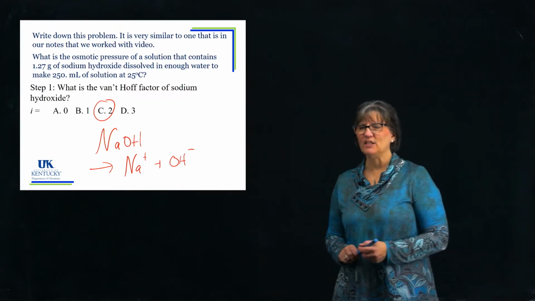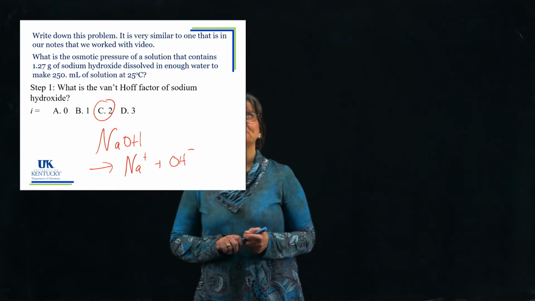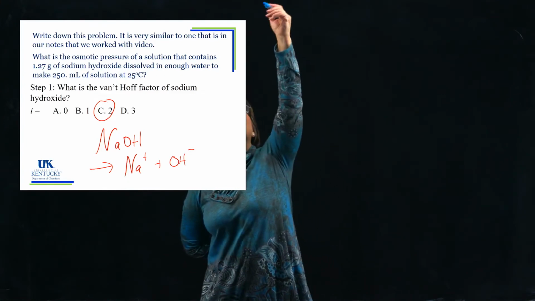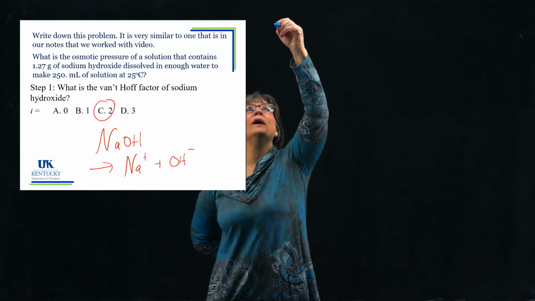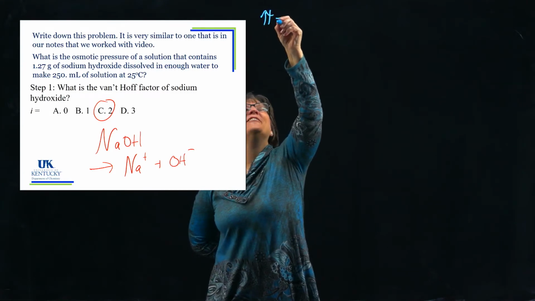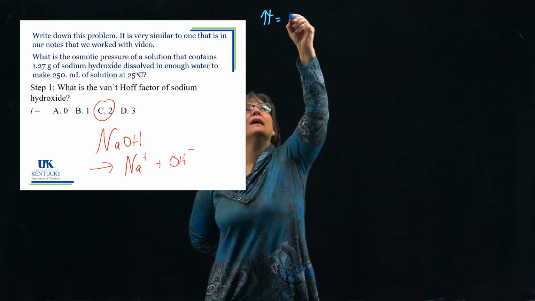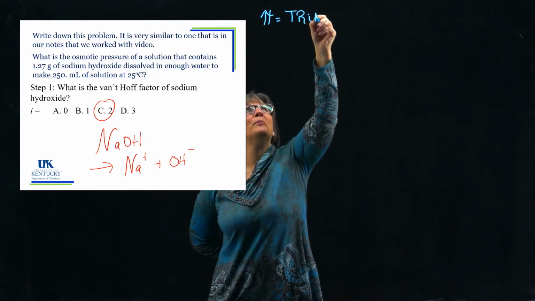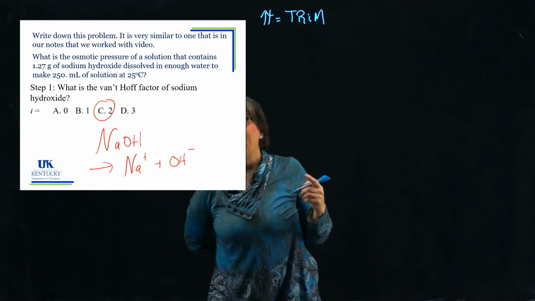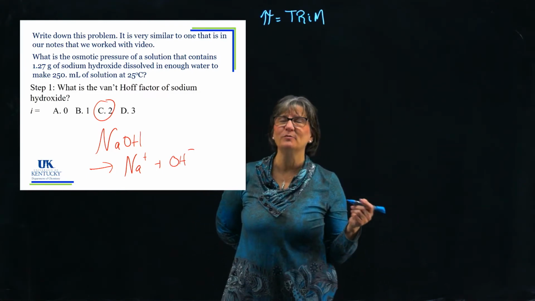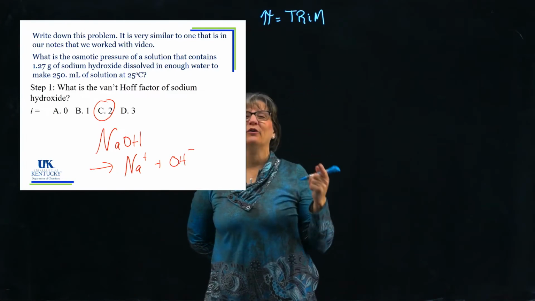So I'll turn my attention back to the whiteboard here, and I will write on the board our osmotic pressure equation. Pi equals, and somebody told me this clever way of remembering it, iMRT, okay? I didn't write it that way initially, but I like the rearrangement of the letters because you trim your pie crust, right?